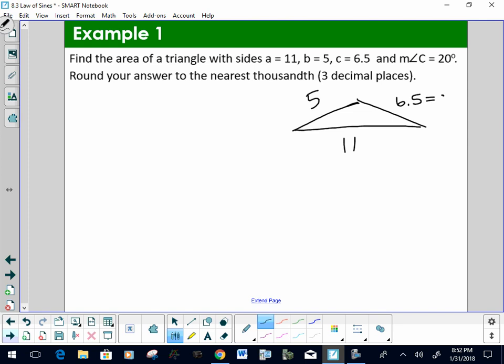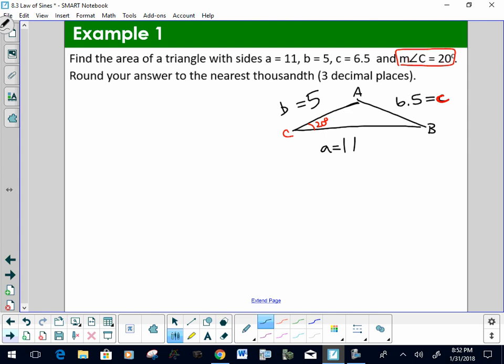Now this one was C, 5 was B, and A was 11. The angle that it tells me is angle C, and so our convention says that needs to go across from side C. It's going to be this one over here. The other angles would be A and B here.